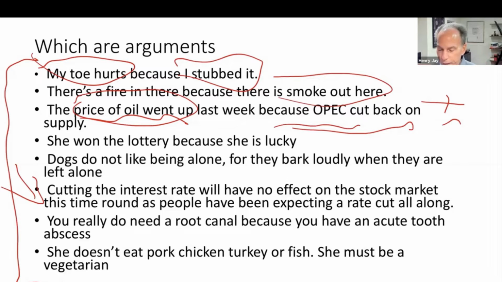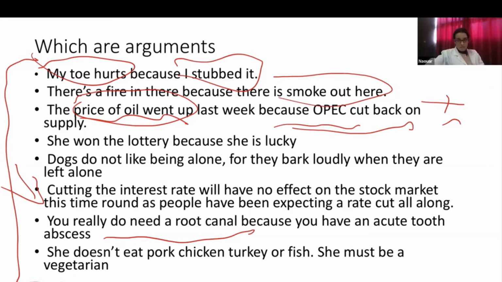Last one. You really do need a root canal because you have an acute tooth abscess. Argument or fact or explanation? Explanation. It's a fact. What's the fact?